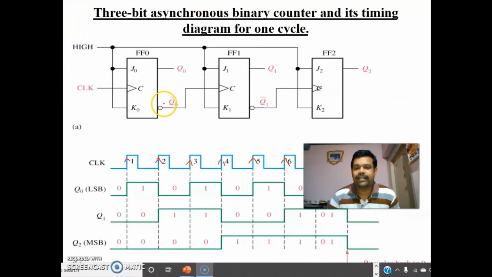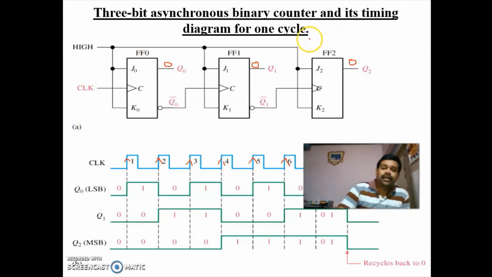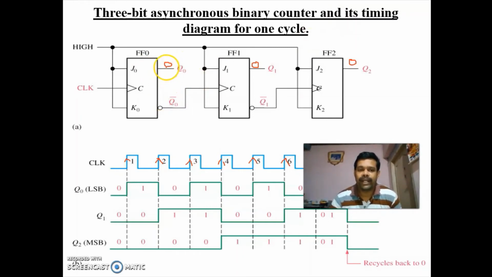Next is the 3-bit binary counter. We are considering the outputs as 0 0 0. In this 3-bit binary counter, similar to the 2-bit counter, only if you are having 0 at Q0, flip-flop 1 will conduct.